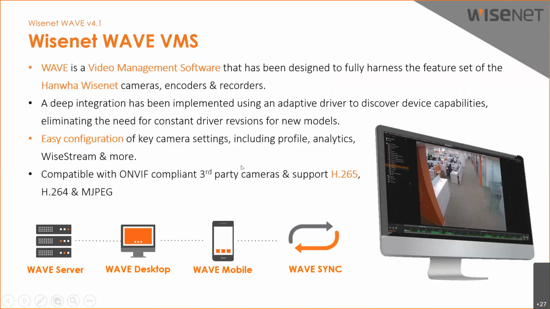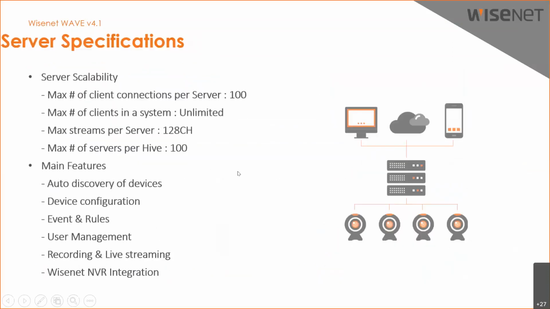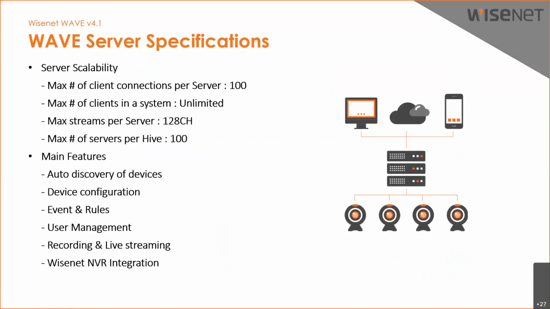So what is the specification for the Wave server? As I told you before, Wave includes server and client, but of course you can install both of them on one desktop PC and use it as a standalone. For server scalability, the maximum number of client connections per server is 100. That means if you have one Wave server, you can have a maximum of 100 clients.